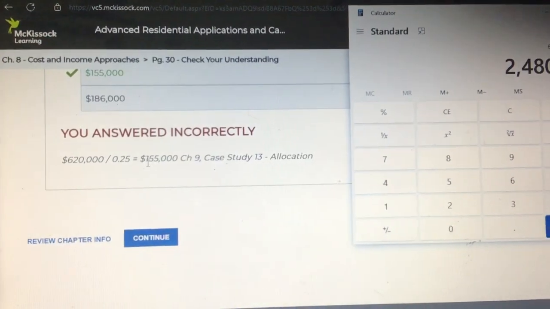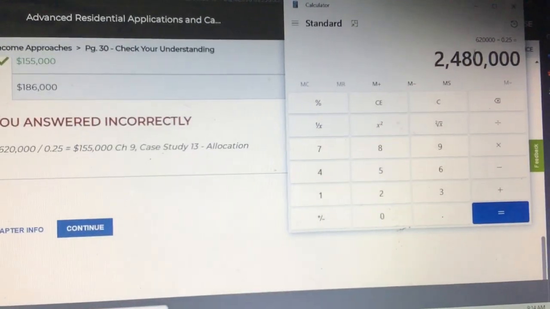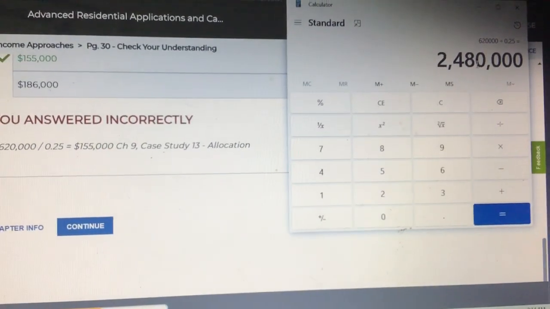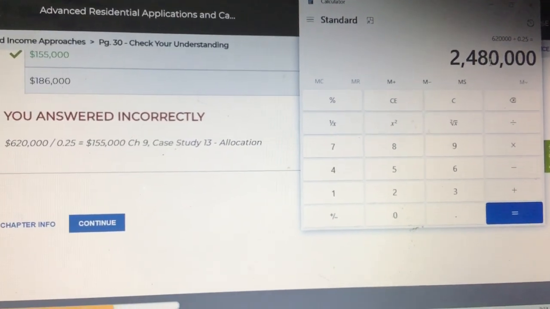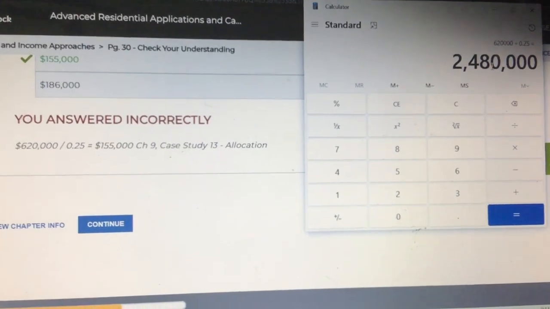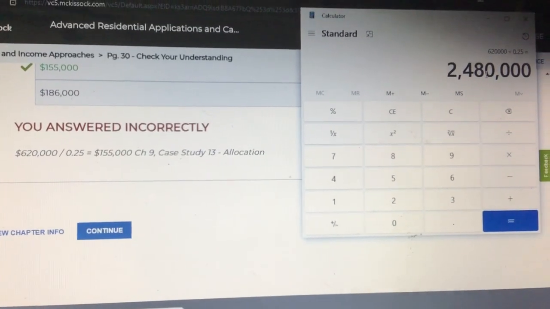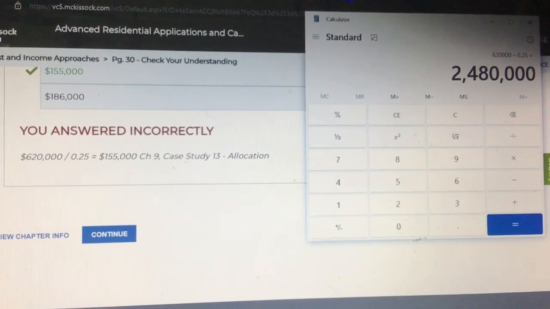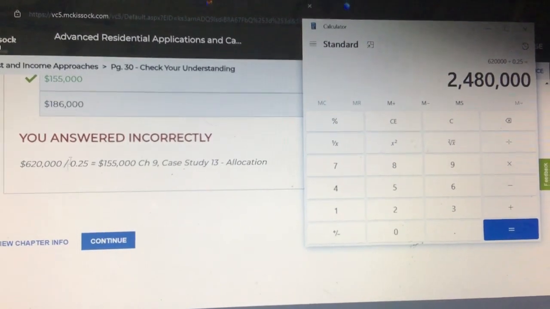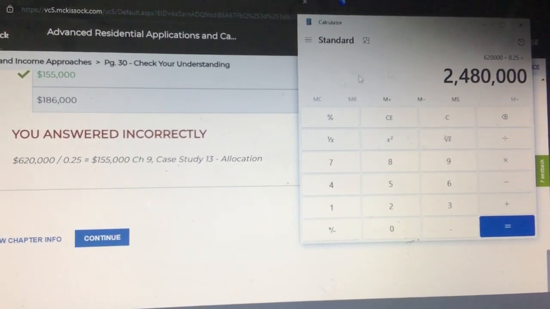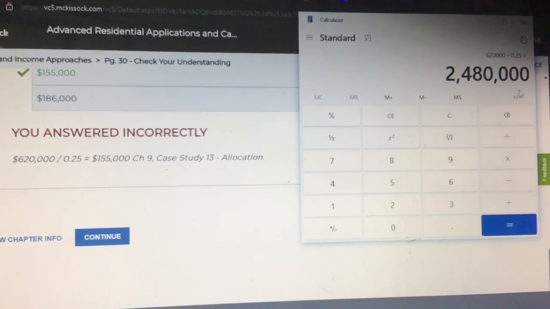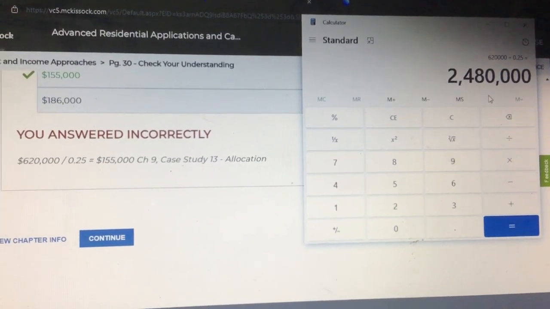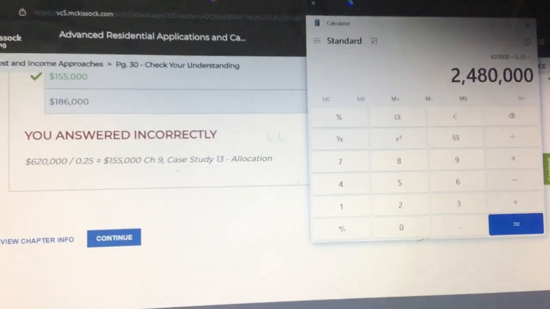I did exactly what they said, and look what I get. 2,480,000. That doesn't work. I'm going to need to figure that out. I did the formula exactly as they told me, 620,000 divided by 0.25, which is exactly what I did, and it gives me this gigantic number. So we're going to need help with that.